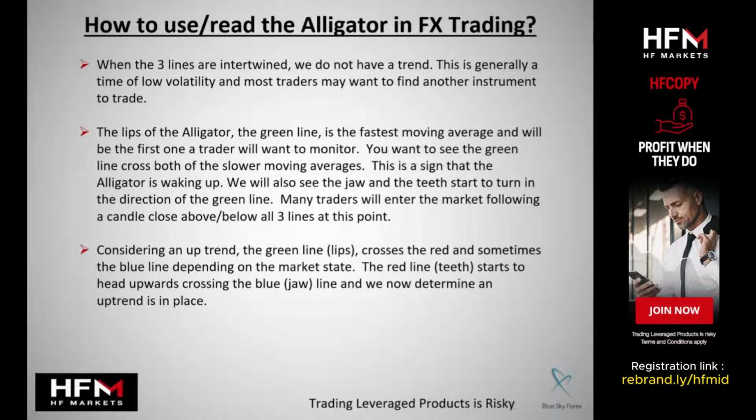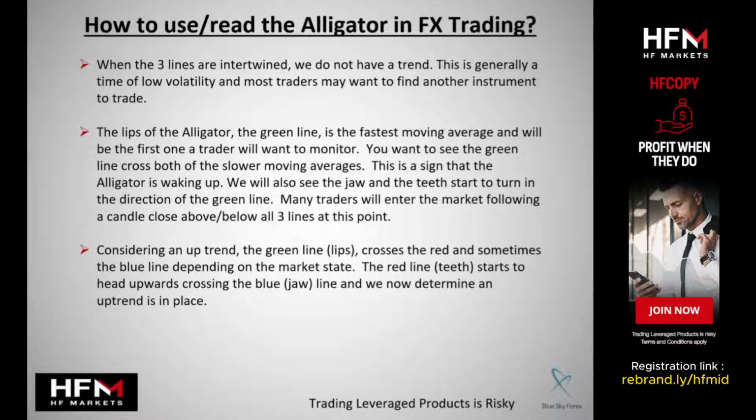If you're not really into range trading, or if you don't find any opportunity to trade that asset, you may either simply take a break or find another asset to trade that has a bit more volatility and where you can find a better trading opportunity. So that's when all of those 3 lines are intertwined with each other. Then you have a relatively ranging market.